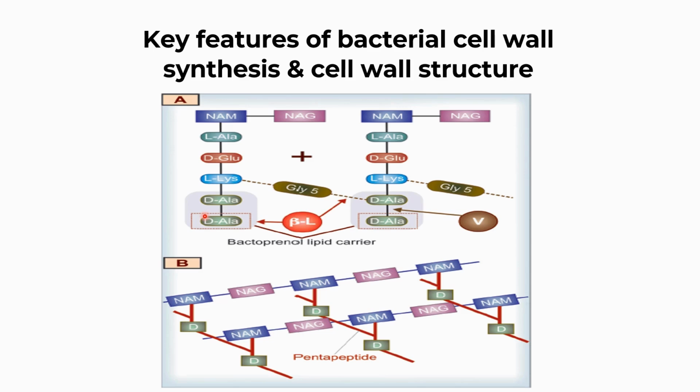Attached to NAM are short peptide chains that cross-link with peptides from adjacent strands, creating a mesh-like structure as you can see in the second figure. This peptidoglycan network is essential for maintaining the cell shape and withstanding internal turgor pressure, which is the pressure exerted by the cell contents against the cell wall.